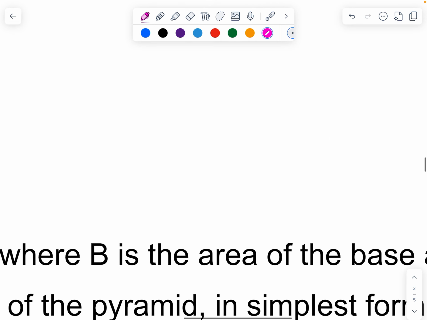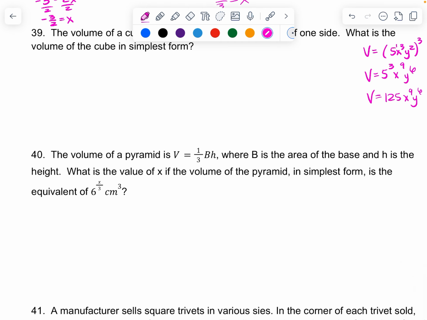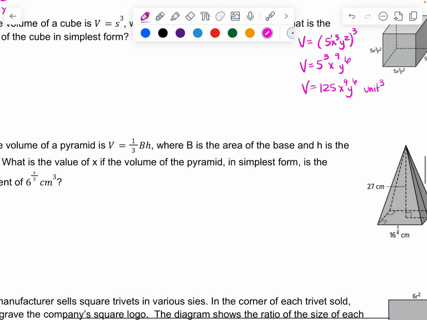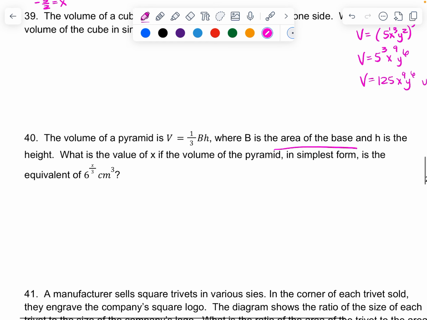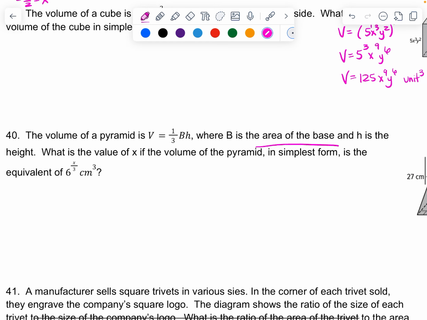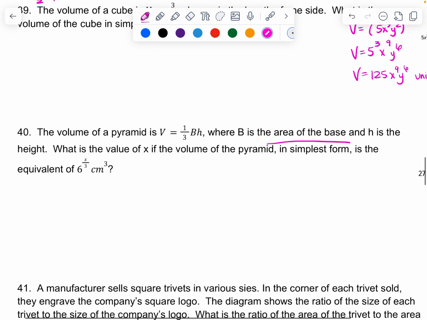Okay, next, there we go. The volume of a pyramid is V equals 1/3 BH, where B is the area of the base and H is the height. What is the value of X if the volume of the pyramid in simplest form is equivalent to this?